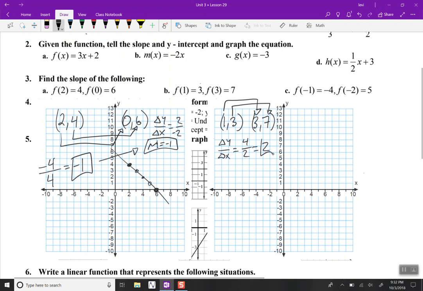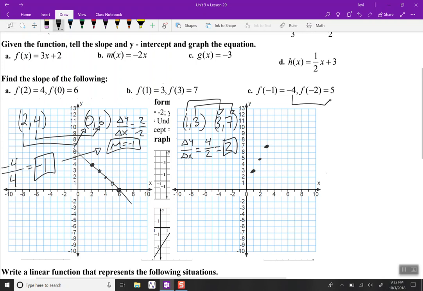So our slope is 2. We could show that graphing (1, 3) right here, (3, 7) right here. How are we moving? Up 2 over 1, it looks like. Up 2 over 1, up 2 over 1.